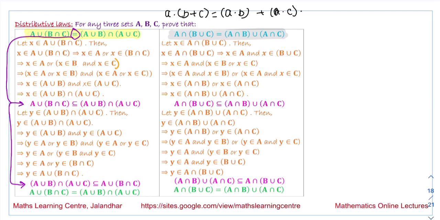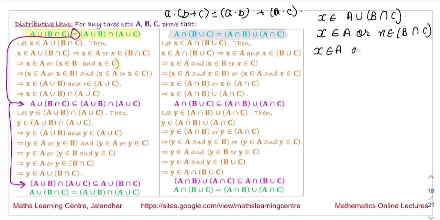So we start with the left hand side of the first, and we say X belongs to A union B intersection C. So X belongs to A, it is union over here, so it is or X belongs to B intersection C. Now what this means is X belongs to A, or X belongs to B and X belongs to C.